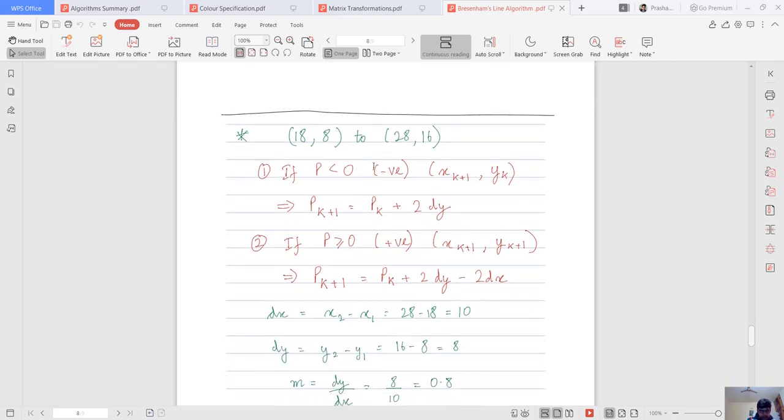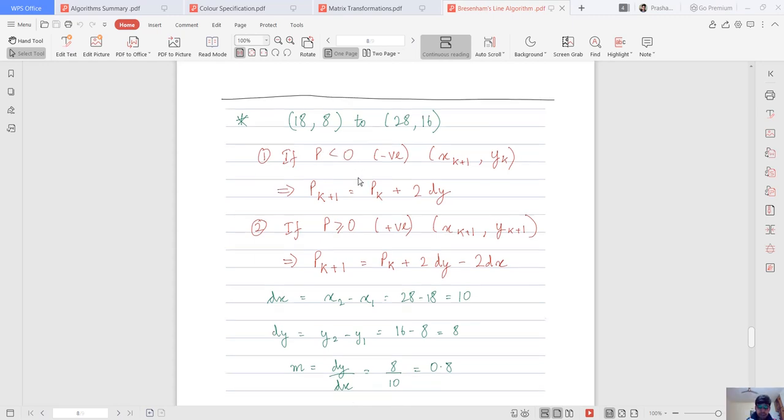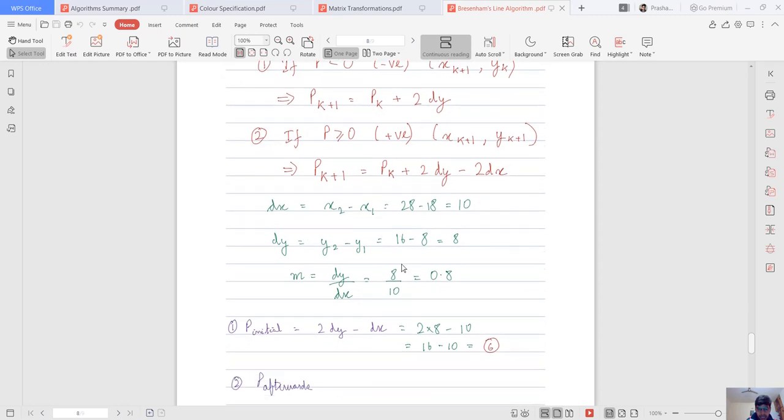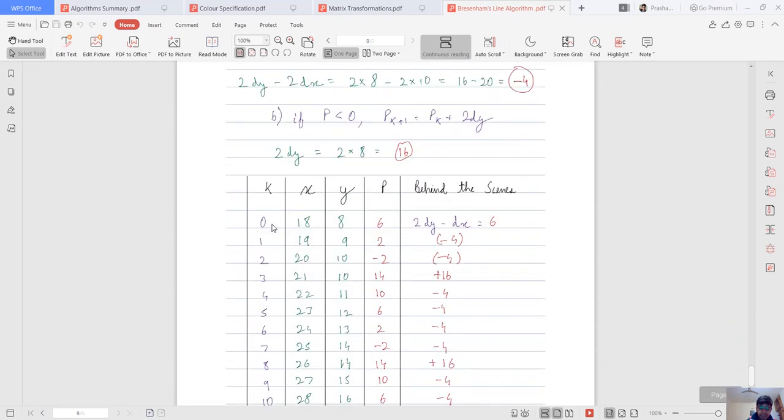Now step 1: if the decision parameter is less than 0, then we increase only x and we do not increase y. And if the decision parameter is greater than or equal to 0, which means it is positive, then we increase both. And then we calculate each and every point.